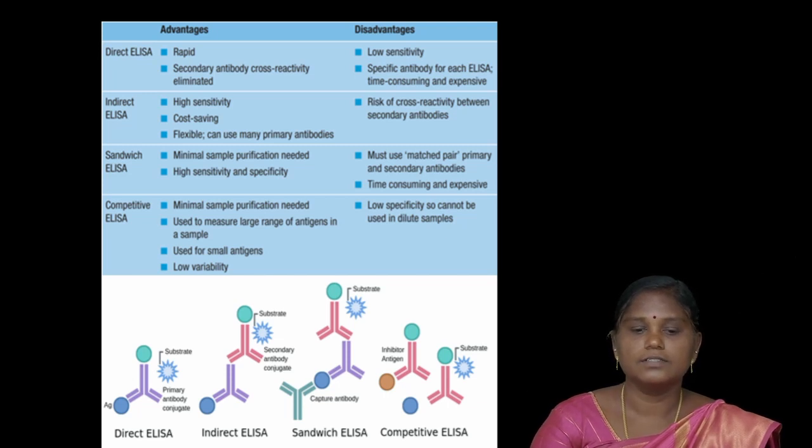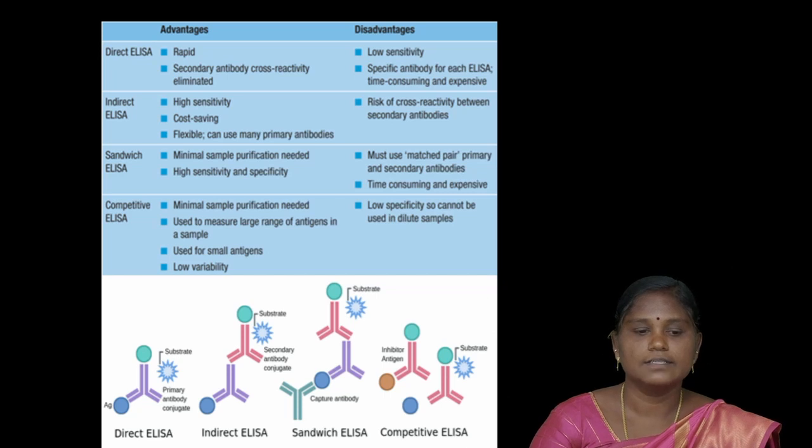Meanwhile we will see the disadvantages also. The drawback is low sensitivity, and a specific antibody is needed for such ELISA. It is also a time consuming process, and more expensive, so that is the drawback.